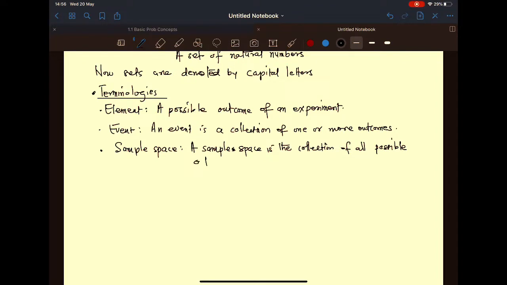So, for instance, in our case, we are using the toss of a die, which will make much more sense.